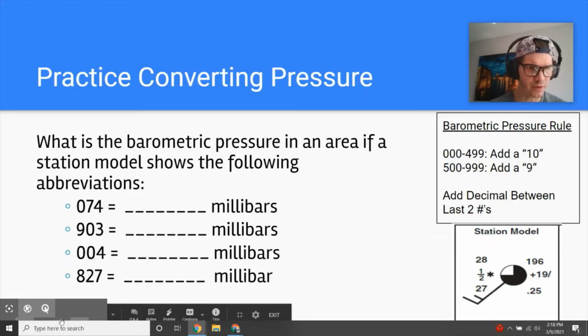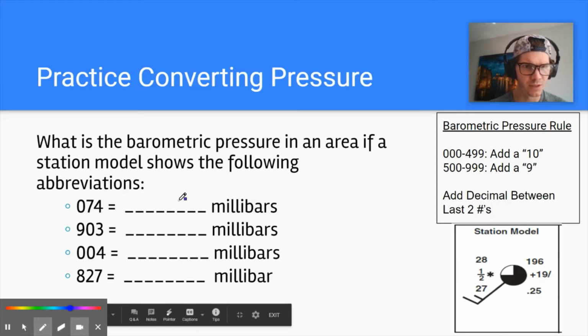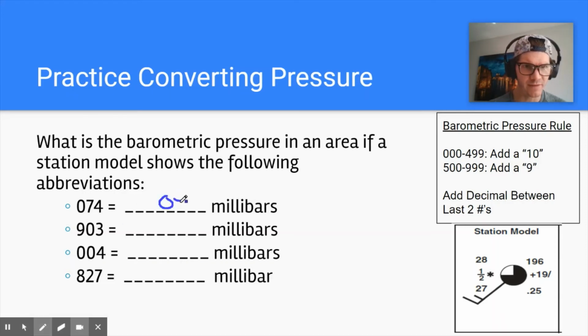I take the 074 and add a 10 to the front of that number. And then I'll add the decimal in between the last 2. So I get 1007.4, and the unit is millibars.